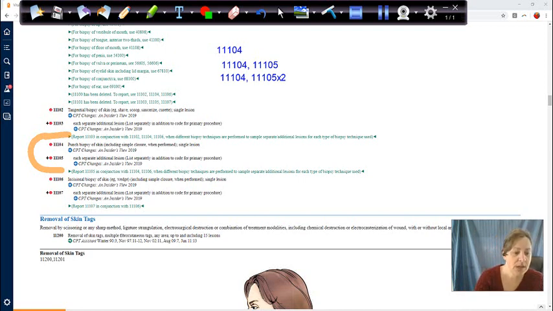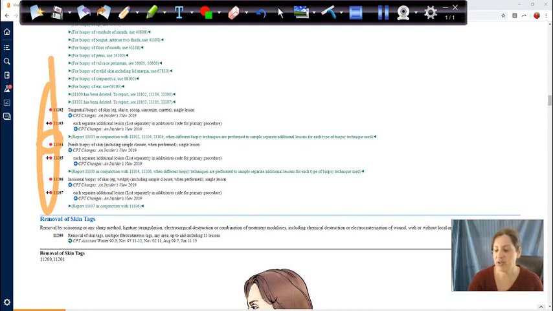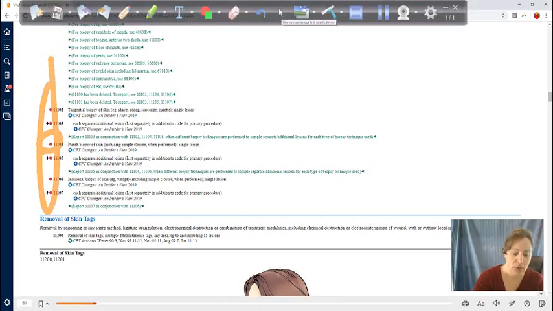Okay. All right. I want to notice that there's a bullet here in front of these codes as well. Remember, I told you never see a symbol that you don't know what it means. Look at the bottom of your page in your code book, and you'll see that that's a new code.